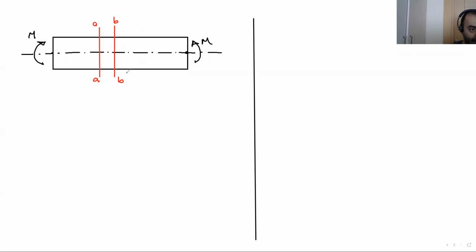After the bending, it's going to have a curved shape. Let me draw it here. I'll try to draw it well. This is the top edge. This is the bottom edge.